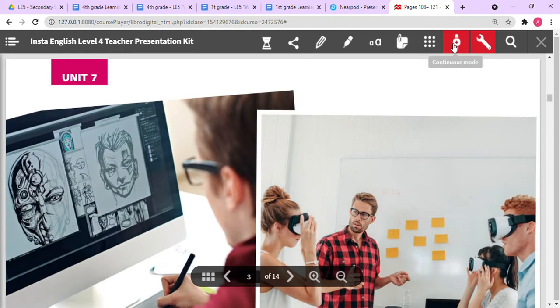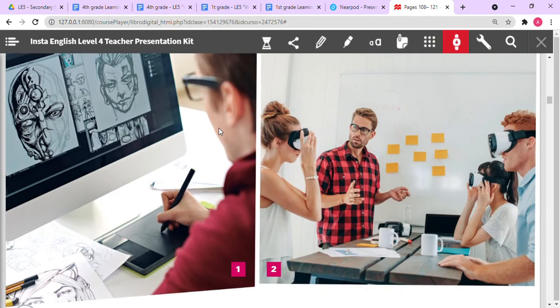On this page we're going to see our vocabulary, and I have picture number 1 and picture number 2. Only 2 pictures, okay? Can you describe picture number 1? A design.